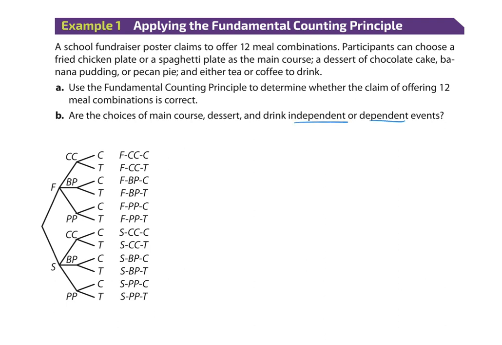First, are they independent? Yes. It does not matter if I choose chicken or spaghetti. It does not affect my choices for dessert. That's what they're talking about when they're saying is it independent. All right. And so all I'm going to do is I'm going to say, well, I have a main course, right? Main course, I have dessert, and then I have a drink option. Those are really my options.